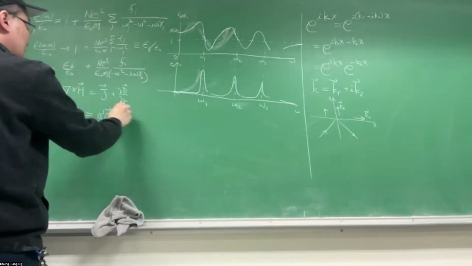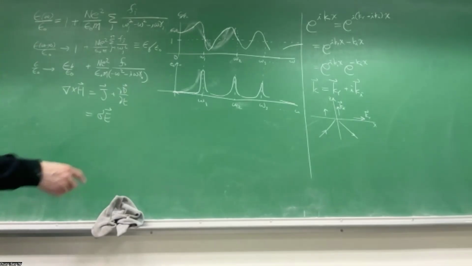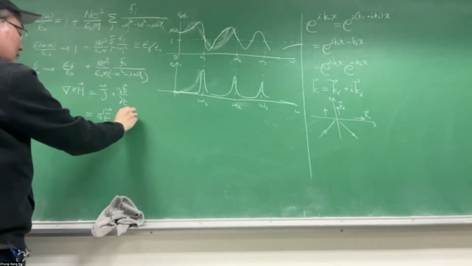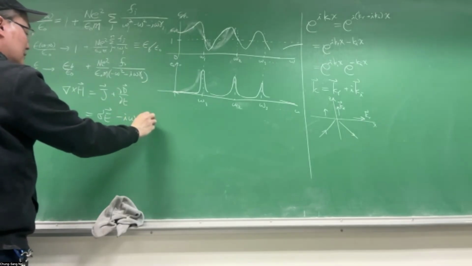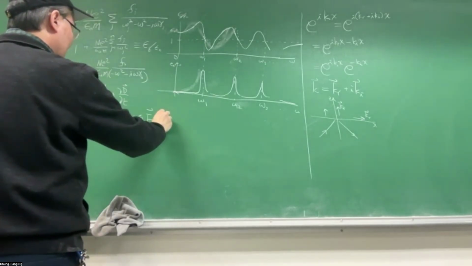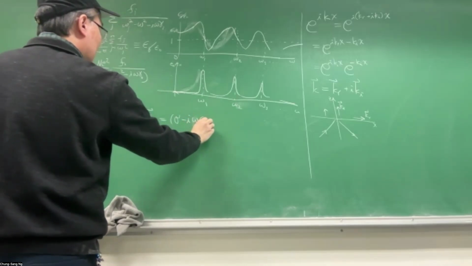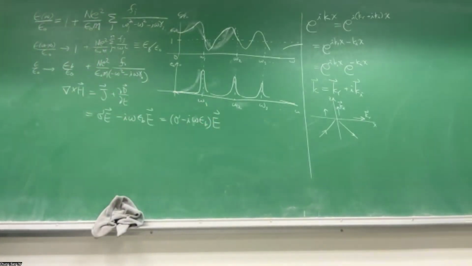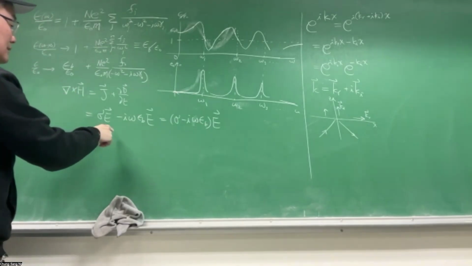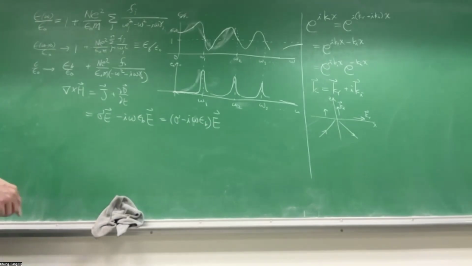This is sigma E, and now D is related to E by roughly epsilon b, because this is low frequency, and then partial t becomes minus i omega, and then you have epsilon b times E. And so you can combine the two, becomes sigma minus i omega epsilon b, times E. Okay, so when you combine with the other Maxwell equations, it goes through the same process.